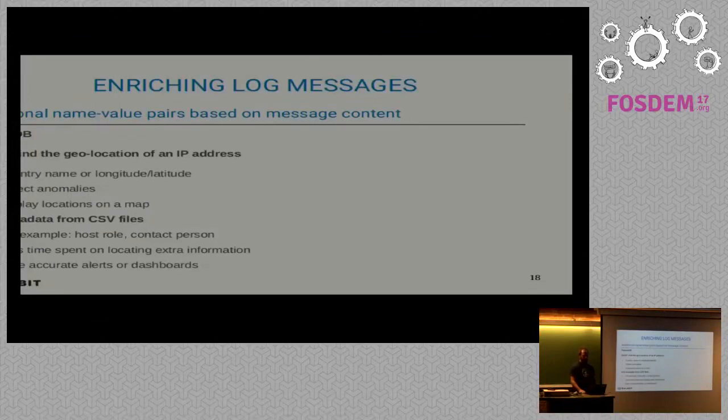For example, a country name or longitude, latitude information. It can be used in security as well to detect anomalies, as it's not a real-world situation that someone logs in from Europe and from Australia at the same time. And you can also use it to display locations on a map.